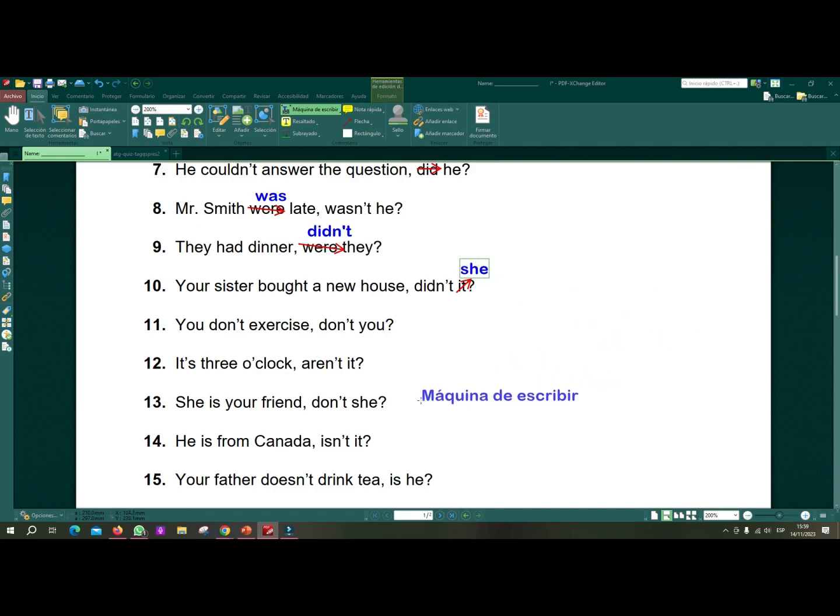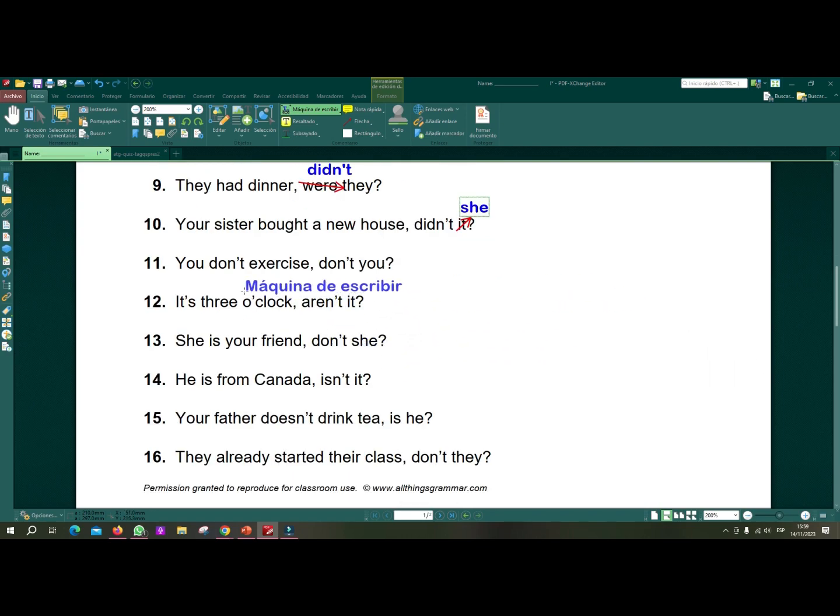Nice. 11. You don't exercise, don't you? Here you have a negative statement, so you need here an affirmative tag question. So, do you? That would be, do you? Right? 12.